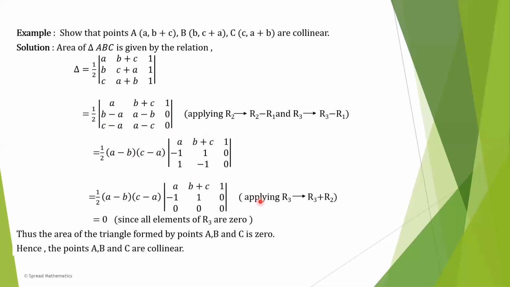Now we apply one operation, R3 replaced by R3 plus R2. So we did it and we got every element in R3 as 0. So we can directly put the value of this determinant as 0 because every element of R3 is 0. Thus the area of the triangle formed by points A, B and C is 0. So we can say the points A, B and C are collinear.